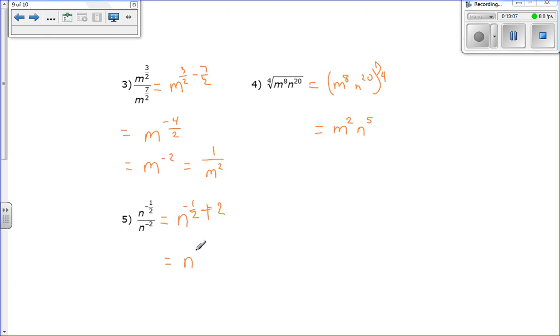And if I have negative 1/2 plus 2, I will actually get a positive 3/2, because 2 is 4/2. You need a common denominator, which is 2. So multiply top and bottom by 2, so I get 4. So negative 1 plus 4 is 3/2.